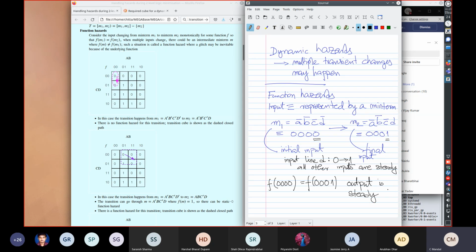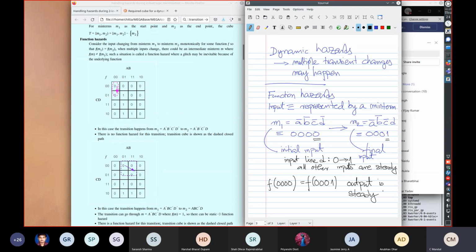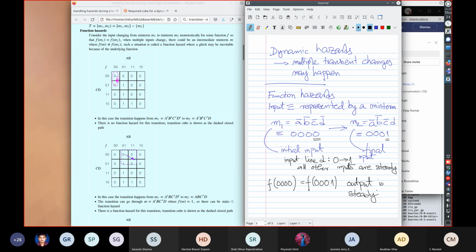Here the output is steady. So what you're seeing is that in this case, the function doesn't change.